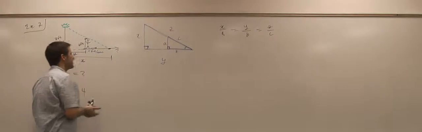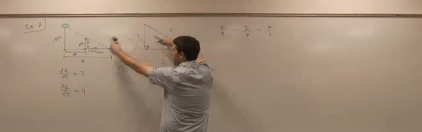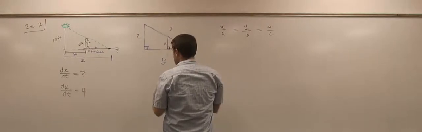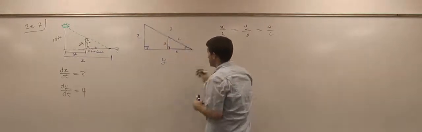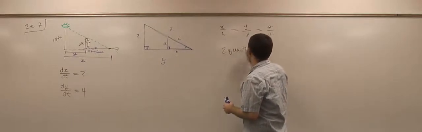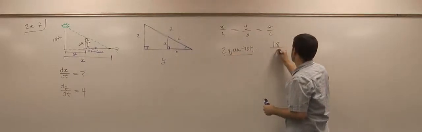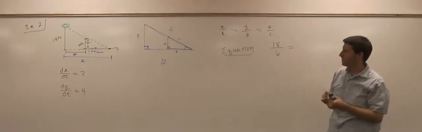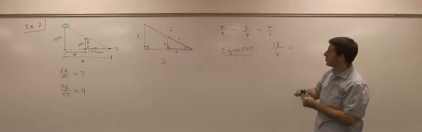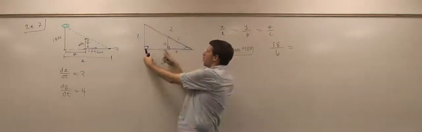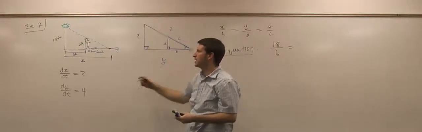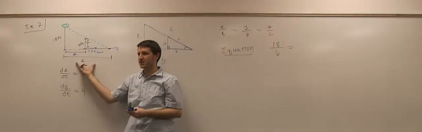So what I'm going to do to set this up is use 18 over 6 is equal to, so here's my equation, y over b, the whole big side length over the whole short side length. The whole big side length is x.